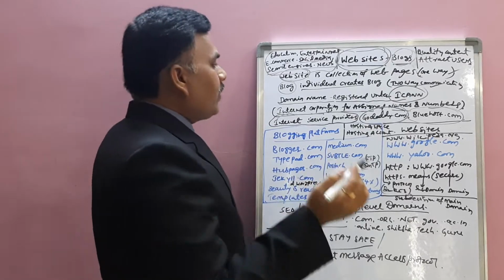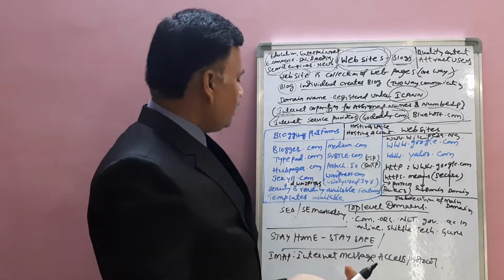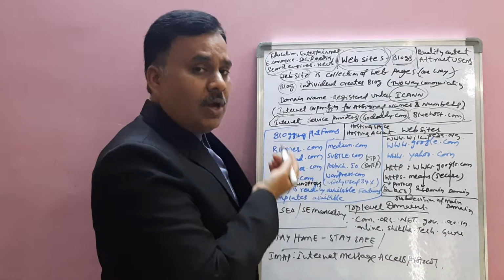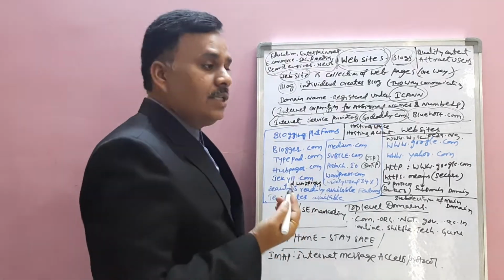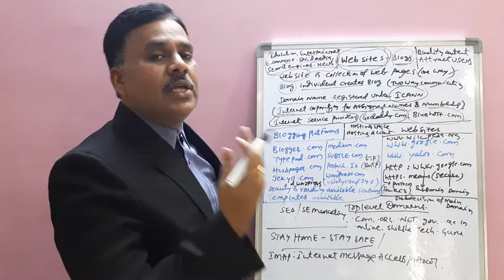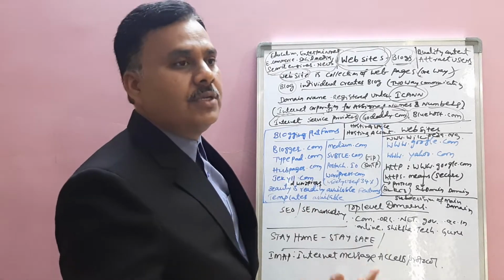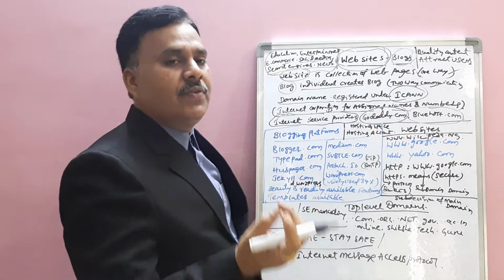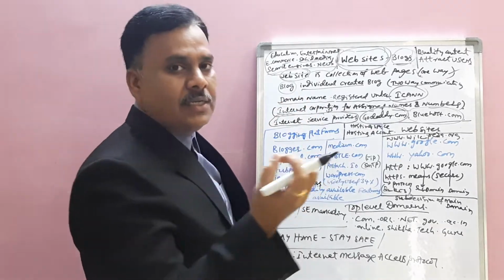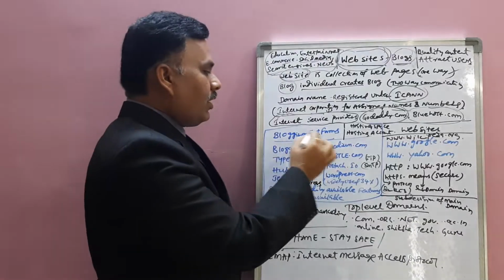A blog can be created by individual users. There are many different types of blogs available to create and send their information to end users. We can see the latest information from across the globe within a fraction of a second on websites and blogs. These are the blogging platforms.